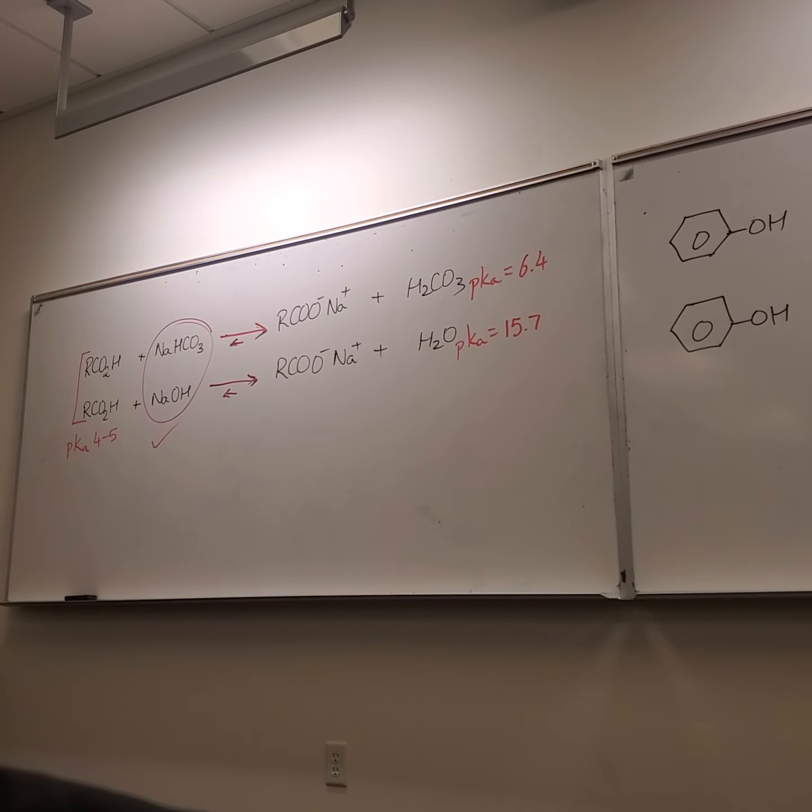Or is one not going to be a good idea? What about alcohol? Same thing. For the phenol, NaOH will be better because the pKa of phenol is about 10. If you do it with the top one, it's going to move the reaction towards the product side.